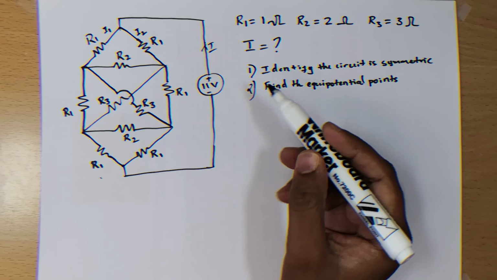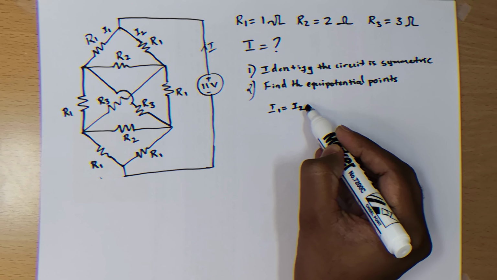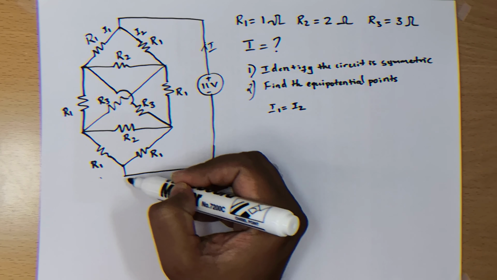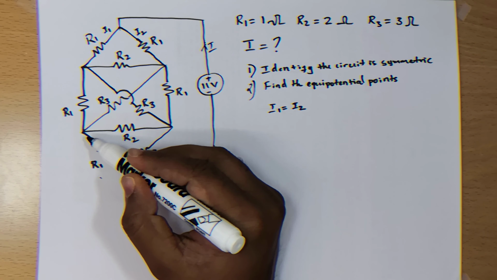So I1 here is equal to I2. In that case, if the current is coming from this end, you can also say that current flowing through this arm and this arm is similar.